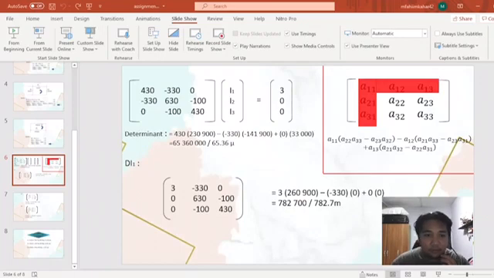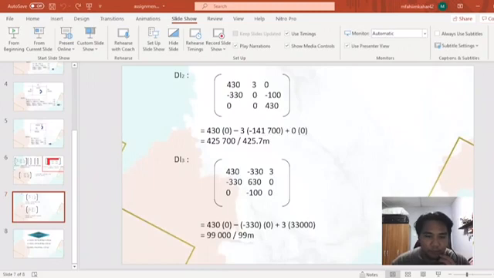The next step is to find the determinant of each mesh current. To find the determinant of each mesh current, we need to replace a column of the 3 by 3 matrix with the matrix of answers. For example, to find the determinant of mesh current 1, we replace column 1 of the 3 by 3 matrix with the answer matrix. Then we apply the determinant formula on this matrix. For the determinant of mesh current 2, we do the same, replacing the column with the answer matrix.